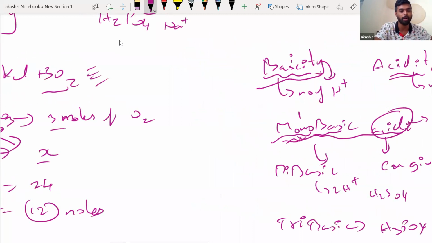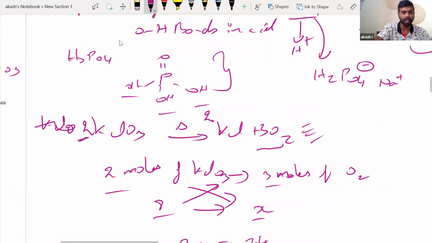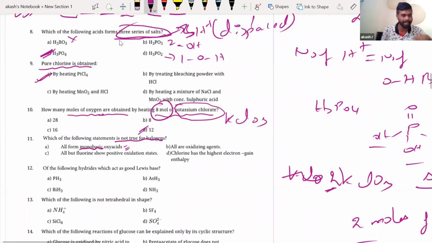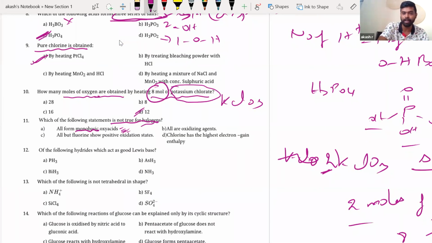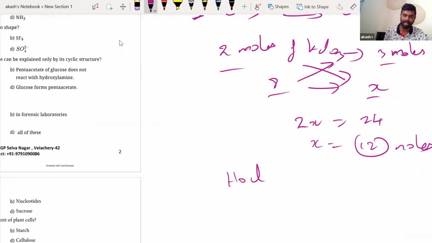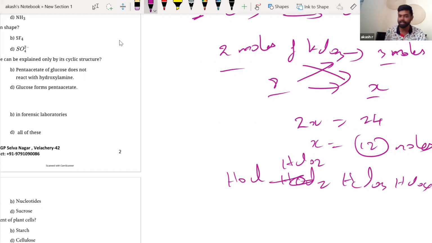Anyways, so where is it? All of the halogens form monobasic oxy acids. I think it is true, right? See, for example, if I take chlorine, what are the oxy acids? HOCl, HClO2, HClO3, HClO4. All these things are possible.